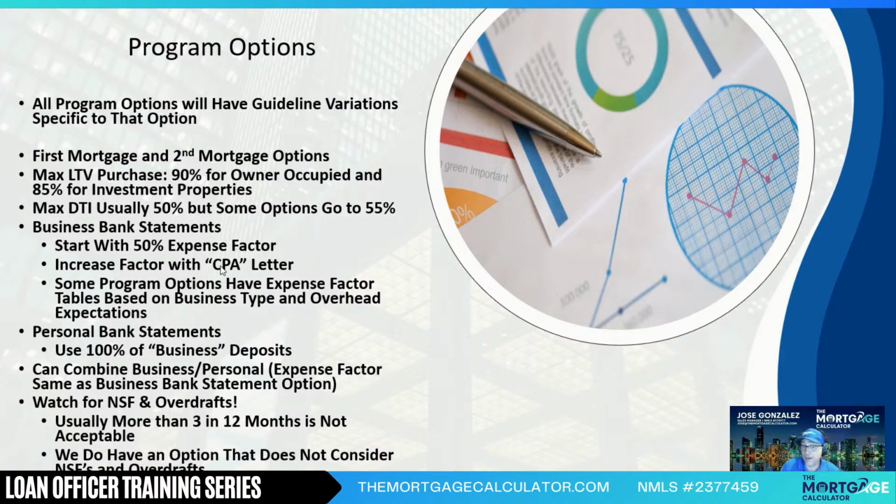Now, simply a letter may not suffice if all of a sudden you have bank statements that show to the contrary, right? Because remember, the bank statement lists all the deposits, but it also lists all the debits. And those debits are usually detailed as to what they are.